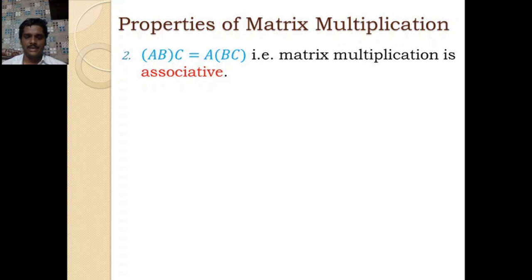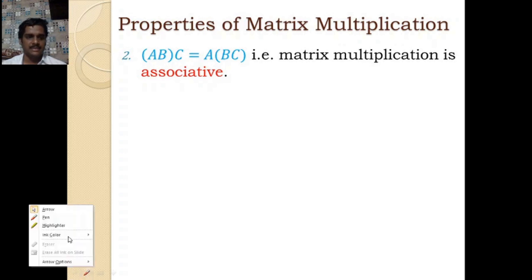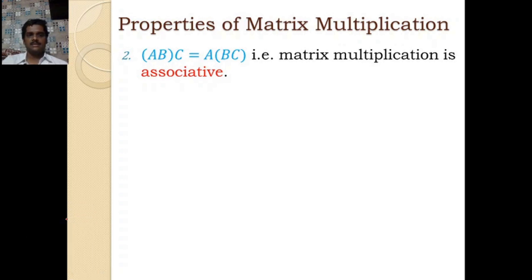Obviously, the two matrices have to be consecutive, next to each other, and after that you can proceed with the multiplication. For example, suppose I have matrices A, B, C, D multiplying together. So I need not worry about which matrix to multiply first. What I can do is multiply this AB first.